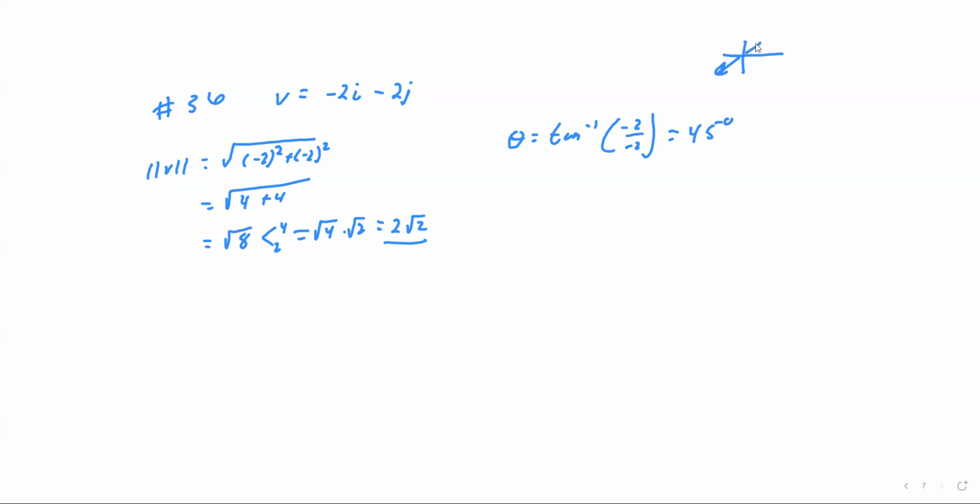So if I land here and I need to go here, I need to add another 180 degrees to make sure I'm in the correct quadrant. So I'll take 45, add 180 to it, and the correct answer for this situation will be 225 degrees. So even though you get 45 in the calculator, because this is negative 2 comma negative 2, we have to make sure we're in the correct quadrant.